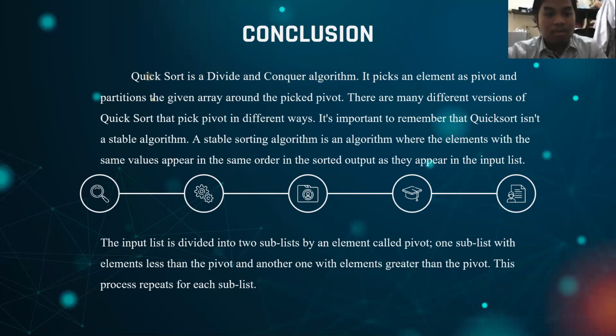A stable sorting algorithm is an algorithm where elements with the same value appear in the same order in the sorted output as they appear in the input list. The input list is divided into two sublists by an element called the pivot: one sublist with elements less than the pivot and another with elements greater than the pivot. This process repeats for each sublist.